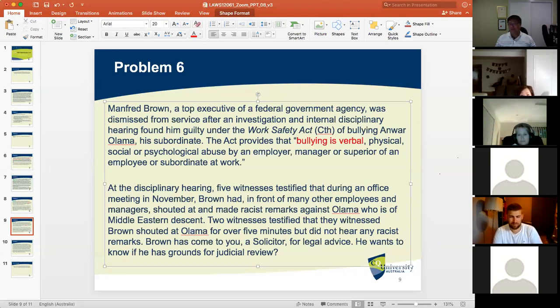There's a ground for judicial review because bullying can be a question of law. What exactly is bullying? That is not a question of fact. So what it tells us is that sometimes what appears to be fact is actually a mixed question of fact and law, right? So for example, let's say somebody has committed assault. Okay, we have an idea about what assault is, but there is a legal definition of assault.